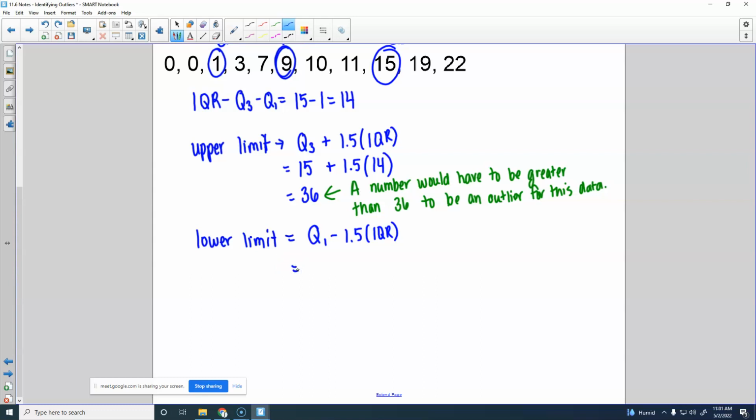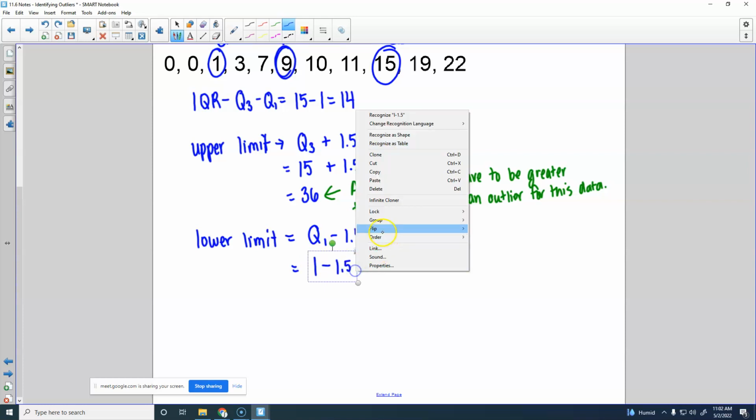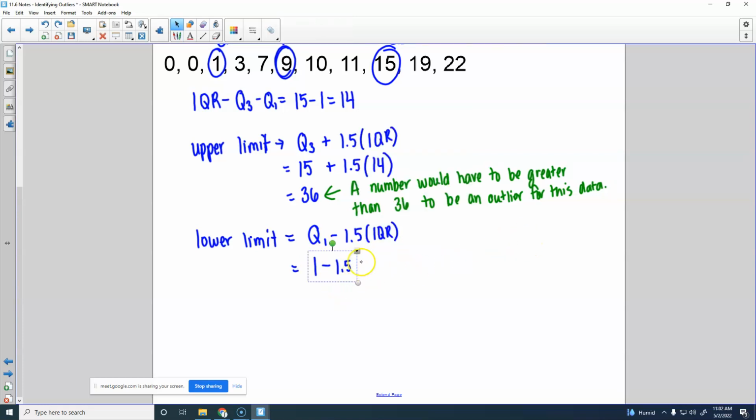So Zach, for this data, what would we do to find that lower limit? Okay, 1 minus 1.5 times 14, and that is going to give us a negative number, negative 20.